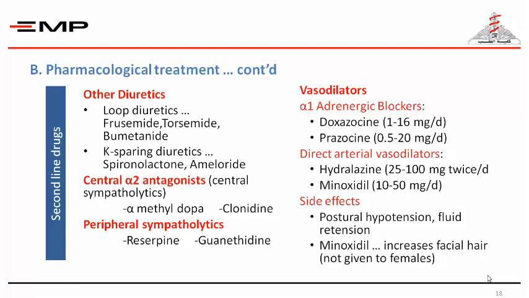Start with other diuretics like loop diuretics, furosemide, torsemide, bumetanide, and potassium-sparing diuretics, spironolactone, amiloride; central alpha-2 agonists or central sympatholytics like alpha-methyldopa or clonidine; peripheral sympatholytics like reserpine and guanethidine; and vasodilators, whether direct arterial vasodilators or alpha-1 adrenergic blockers like doxazosin or prazosin.